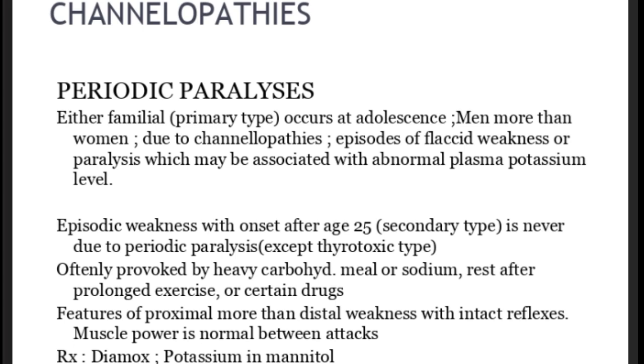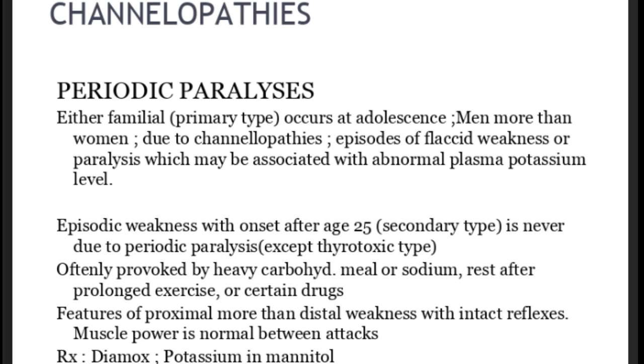The familial primary type occurs in adolescence and is due to channelopathies, which are inherited abnormalities of the ion channel in striated muscles. Men are affected more than women, with episodes of flaccid weakness or paralysis, which may be associated with abnormal plasma potassium level. The power is normal between the attacks, and the most common type is hypokalemic periodic paralysis.